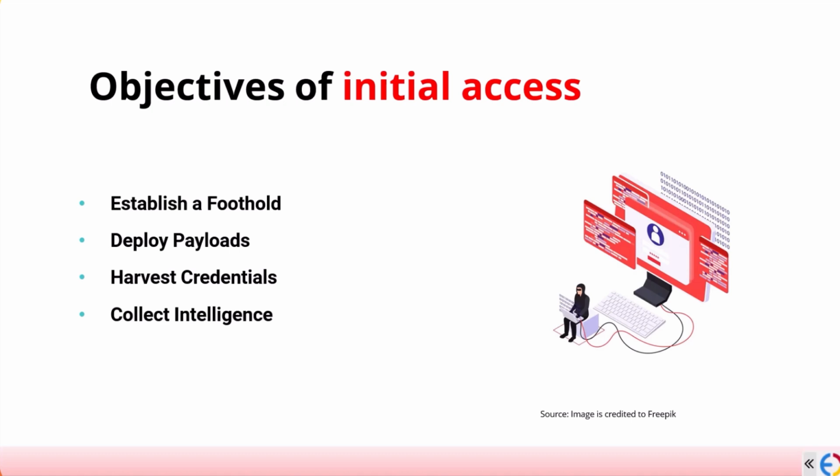To harvest credentials, attackers capture credentials that can be used to access other parts of the network or escalate privileges. To collect intelligence, attackers gather information about the target environment, such as network topology, system configurations, and security measures to plan subsequent stages of the attack.